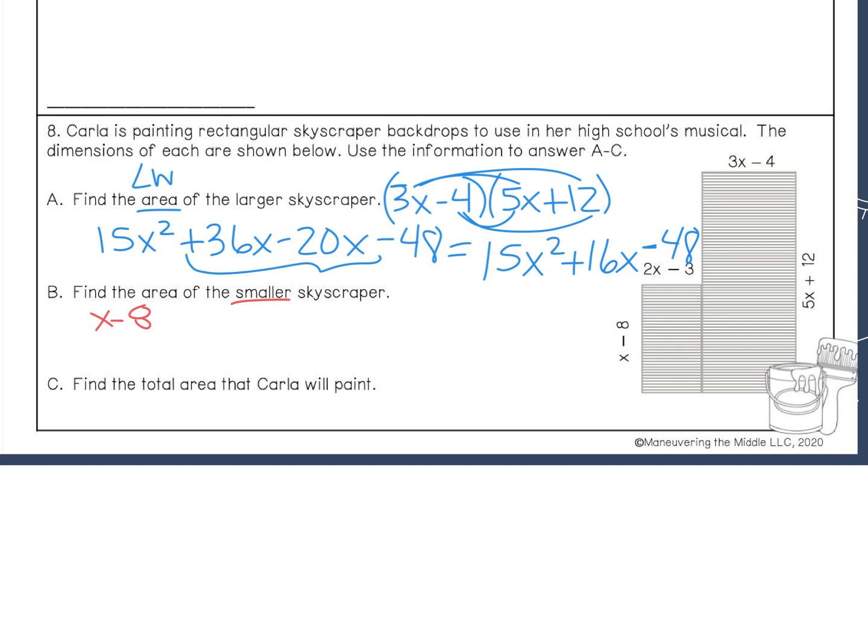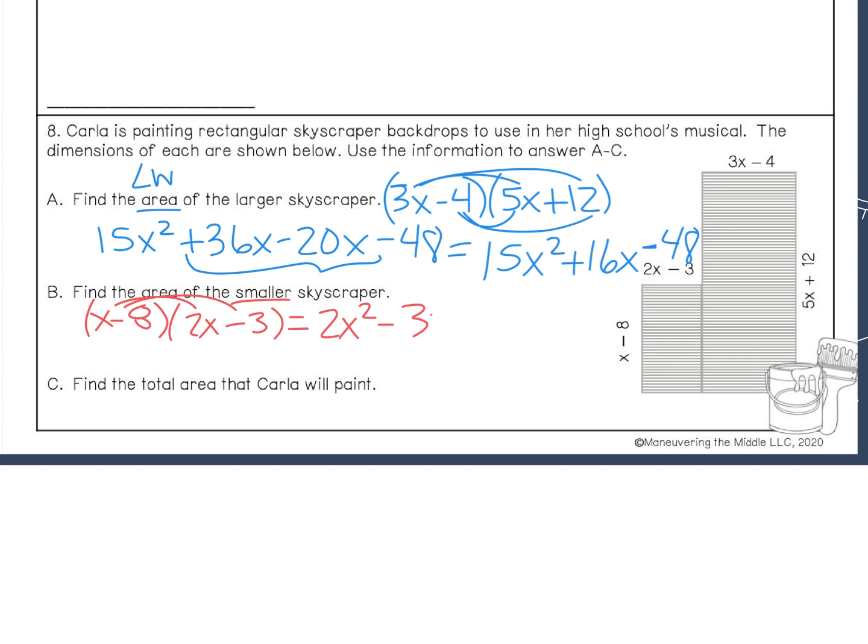x minus 8 times 2x minus 3. Be very careful with your signs. So 2x squared, I apologize. Minus 3x. Right? x times x is x squared. Not sure where I got the 3 there.